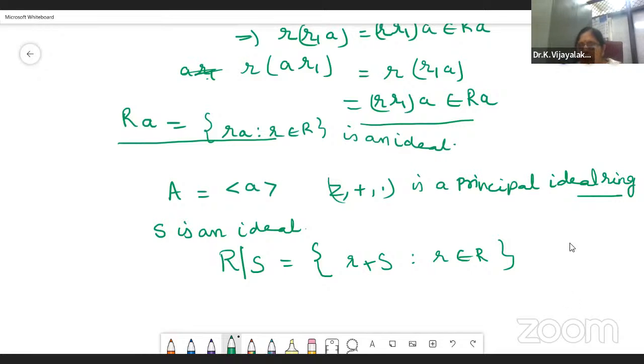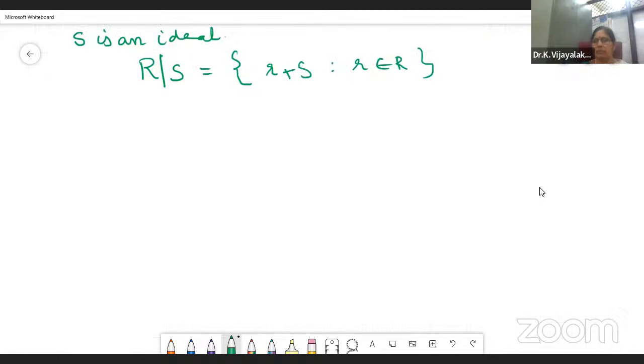How do you define a coset? Let us have some idea about cosets. Suppose S is any subring, then S plus a, which contains elements of the form s plus a such that s belongs to S, is called a coset.